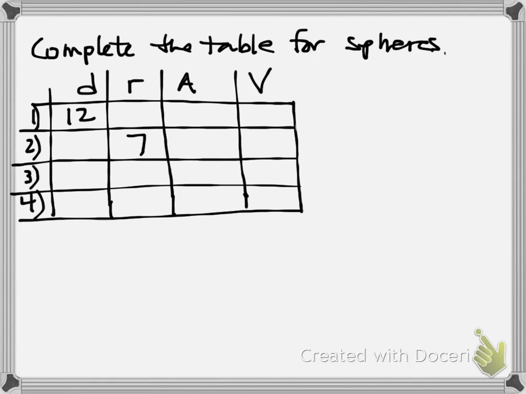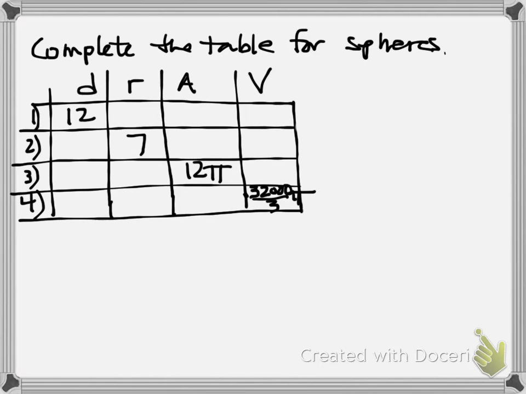Problem 2, we're going to tell you the radius is 7. Problem 3, we're going to tell you the surface area is 12 pi. Problem 4, we're going to tell you that the volume is 32,000 thirds pi.